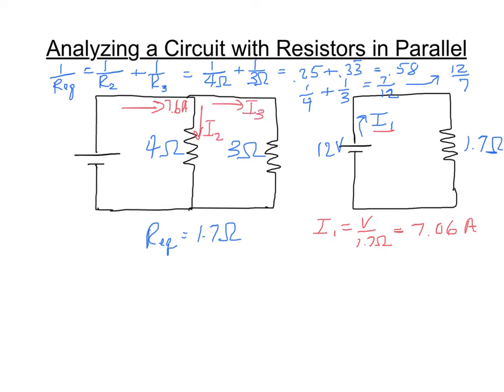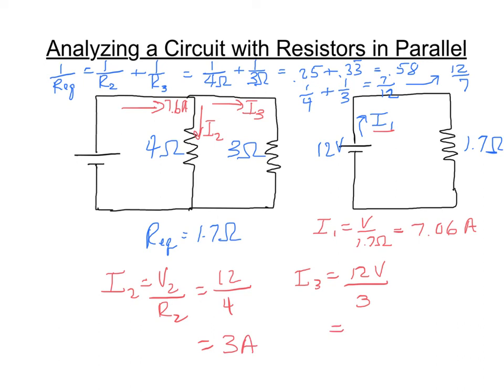So now to figure out I2 and I3, to finish my circuit analysis and figure out how much current I have going through those two individual branches, I can say I2 is equal to V2 over R2, which is 12 volts over 4, and I3 equals 12 volts over 3, and so you can see pretty quickly that this is 3 amps and this is 4 amps.